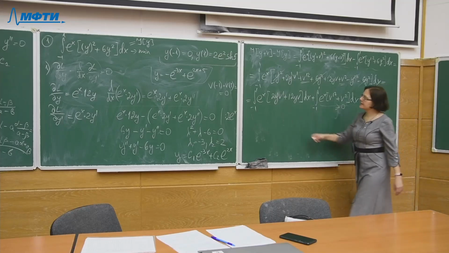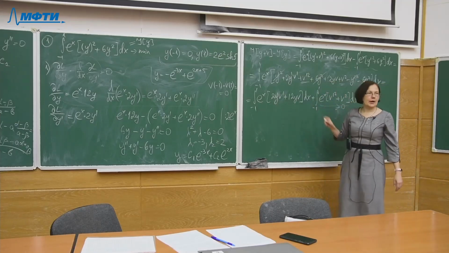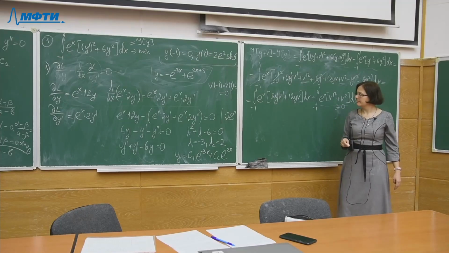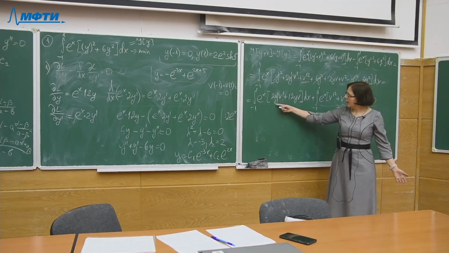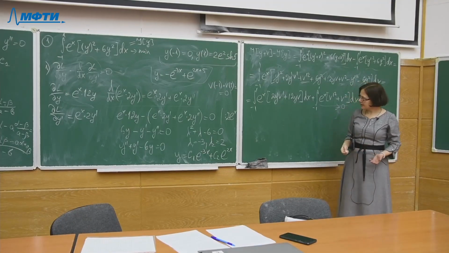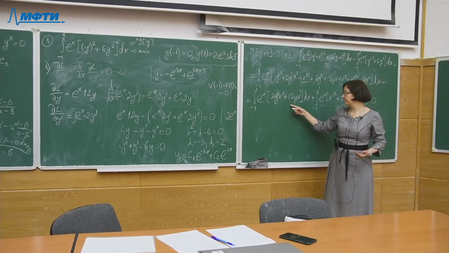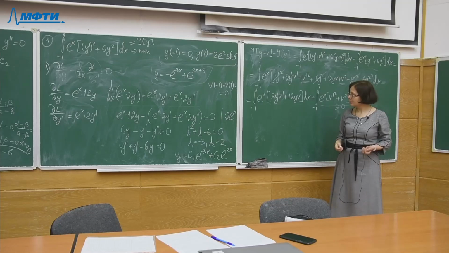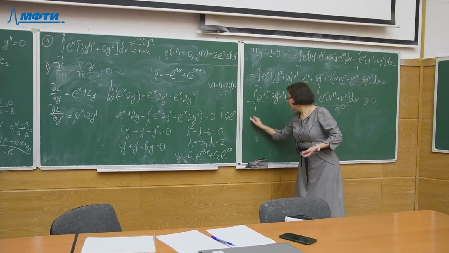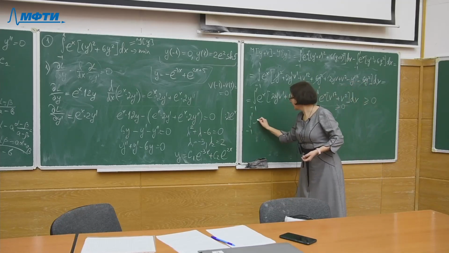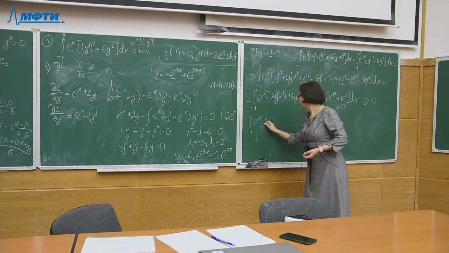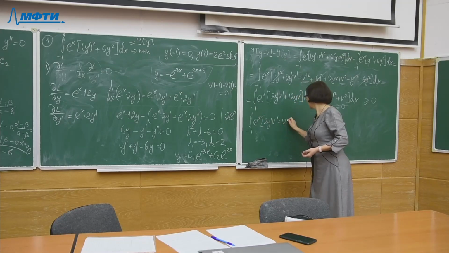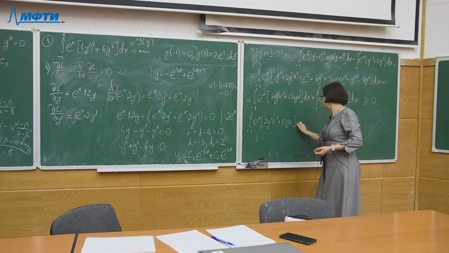And now let's discuss this part. Okay, we must prove in some way that this is non-negative. How to do this? Let's look at this integral, e to x times 2y prime v prime plus 12yv dx.